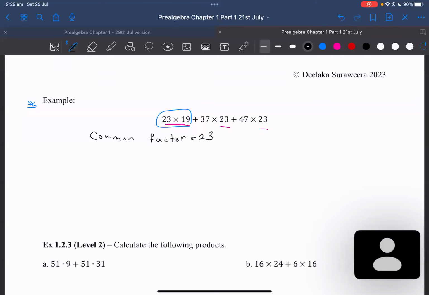So it is a bit tricky to get used to. Take 23 out as a common factor. With the distributive property, you can add the other three numbers separately. So take 23 outside, put the rest in brackets, and open the brackets.